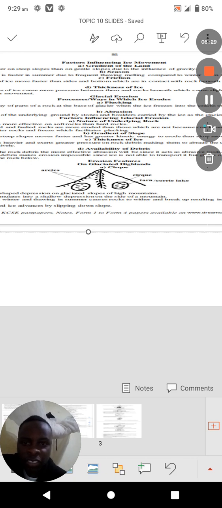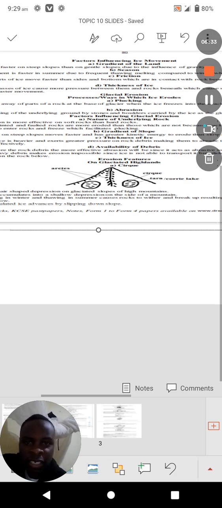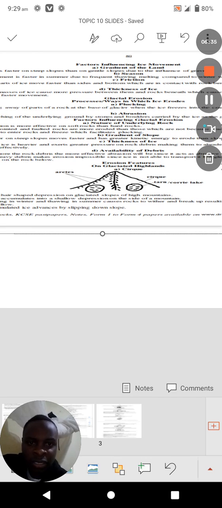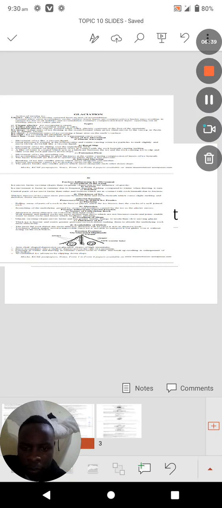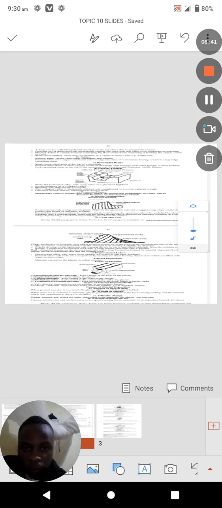Now the features due to glacial erosion. The first one is the arete, the second one is the cirque, the third one is the tarn or corrie. You also have the pyramidal peaks, the glacial troughs, and the truncated spurs.